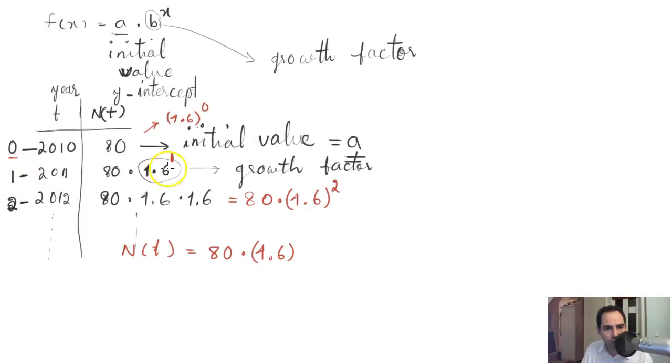Here your t was 1, and you raised your 1.6 to the first power, then the second power, so to the tth power. So that is the rule for this function, and this is in the form f of x is equal to a times b raised to the power x. This is your a, this is your b, and this is your variable here.